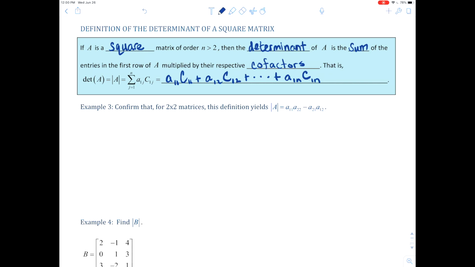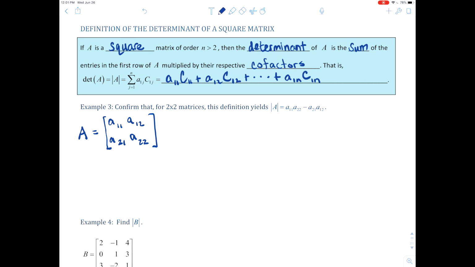So for this example, this actually works for 2 by 2 matrices, but it ends up being kind of like a so easy it's hard thing. So here, if you were to take a look at A equals A11, A12, A21, A22, what's going to happen?